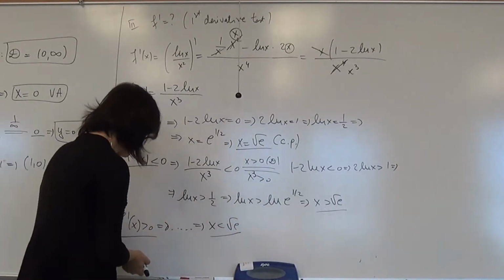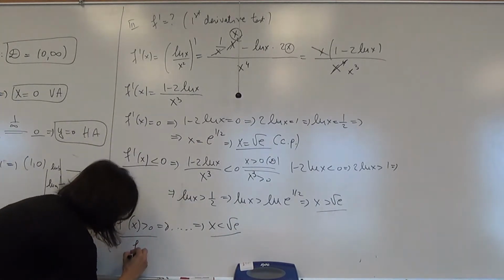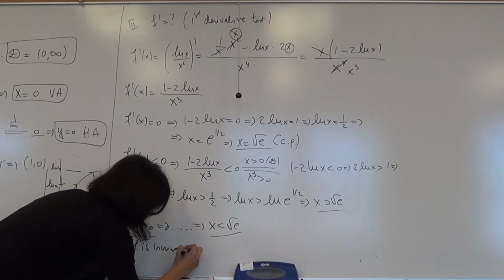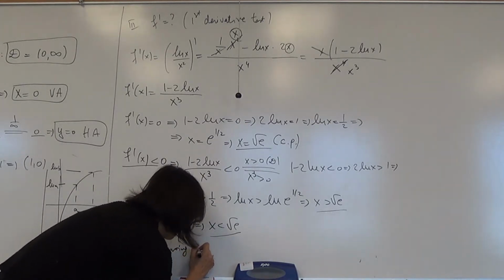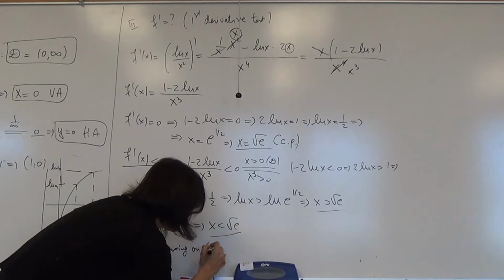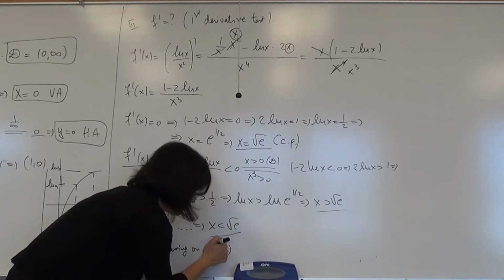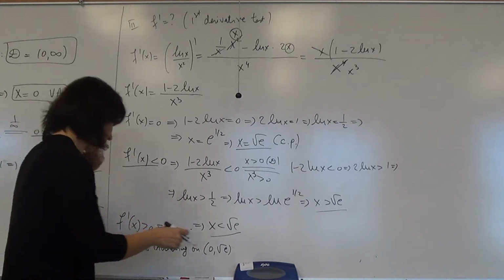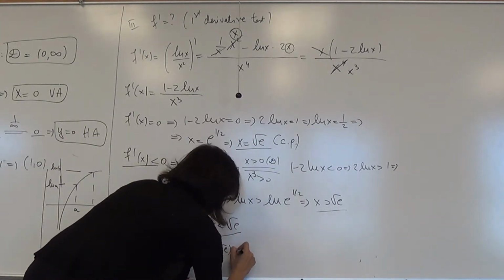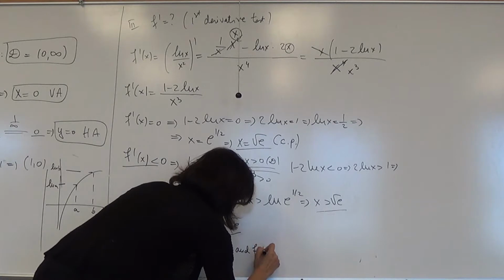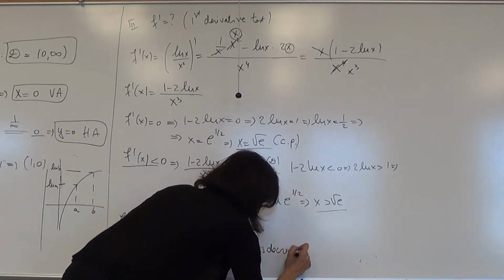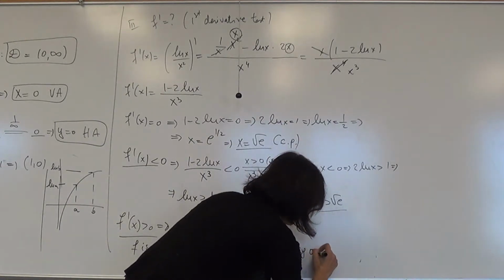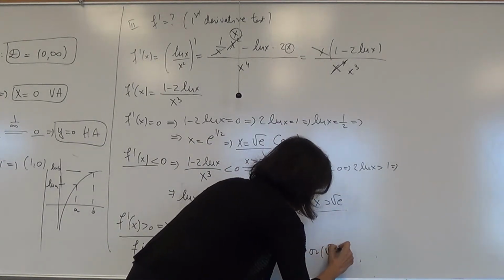So here, f is increasing on 0 to square root of b. I cannot go to the left of 0 because of the domain. And f is decreasing, because the derivative is less than 0, on square root of b to infinity.